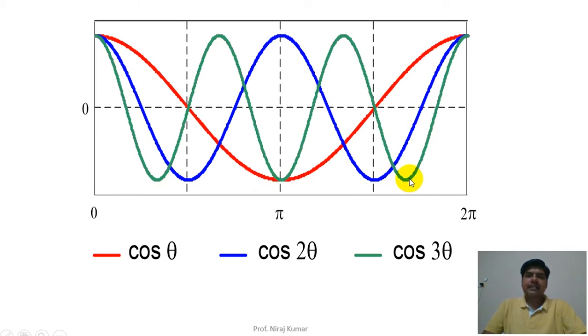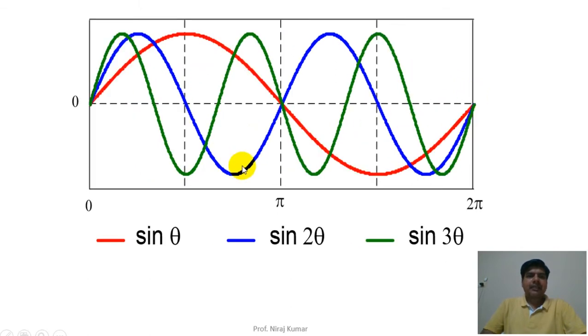If we increase to cos 4 theta, cos 5 theta, and so on, the number of lowest points will keep on increasing, but the initial value is 1 and the final value is again 1. Similarly, if we take sin theta or sin 2 theta or sin 3 theta and so on, the initial value at theta equal to 0 is 0, and the final value is also 0.